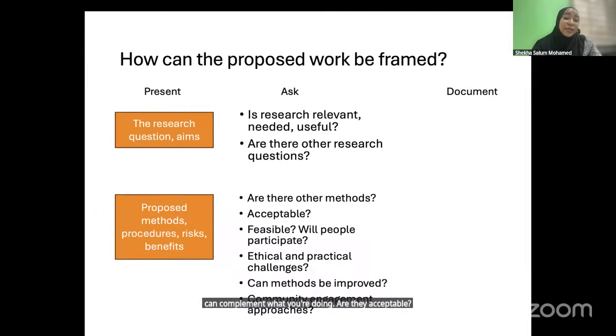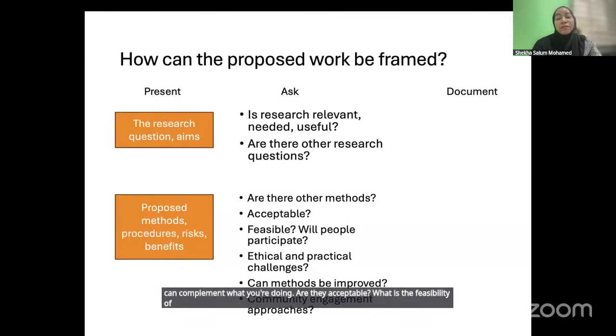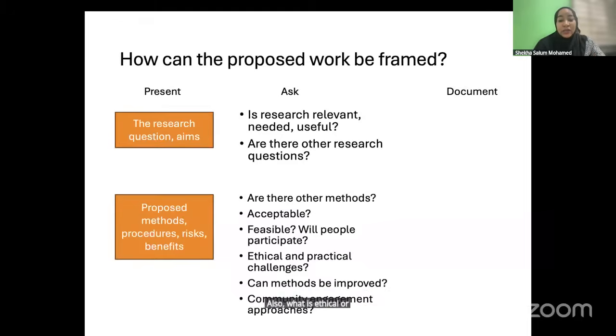What is the feasibility of that method? Will people of that community participate? Also, what is the ethical or practical challenge? So all these questions, and what community engagement approach to use, will help you shape and frame the proposed work.